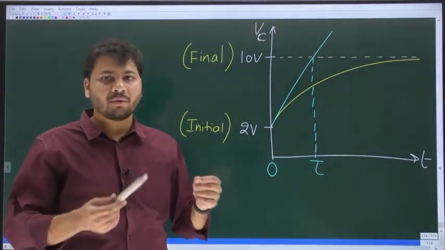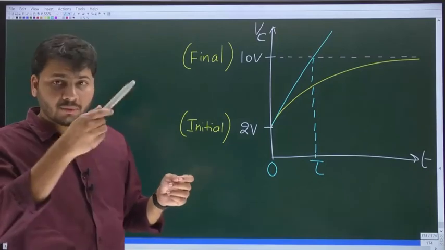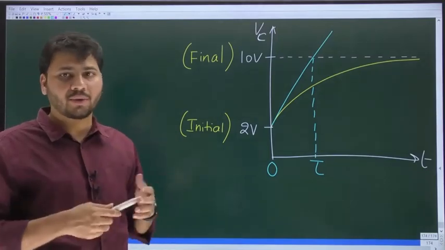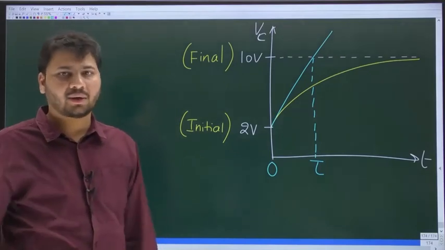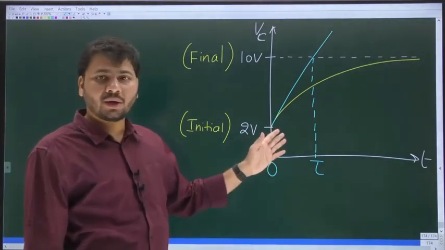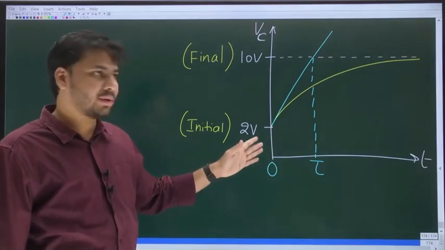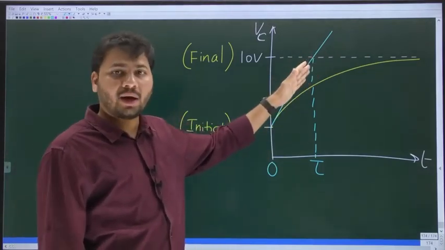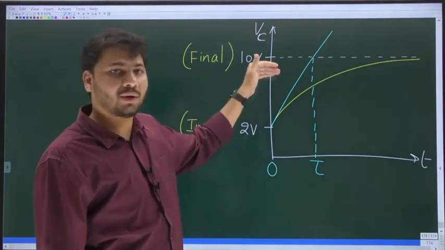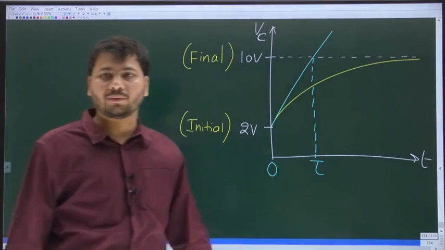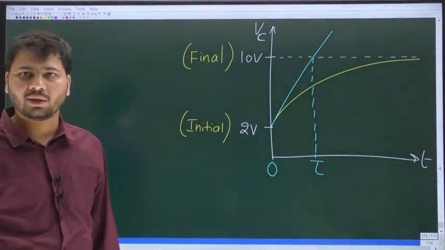Earlier also when we drew the tangent for the exponentially decaying case at t equal to 0, that tangent cut the time axis at t equal to tau. Now also if you draw a tangent at t equal to 0, it will intercept the final value level. What is the final voltage level? 10 volt level at t equal to tau. I hope everything is clear so far.